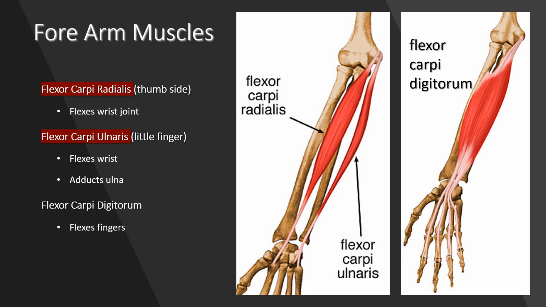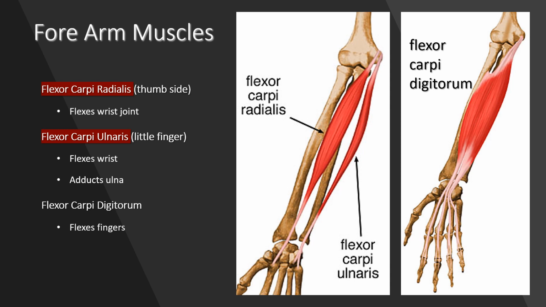And if you give it a bit of a rub slightly lower than that, you'll start twanging all these carpi muscles: flexor carpi radialis, ulnaris, and digitorum. So the other thing to remember is that the radial bone goes down the thumb side of the body.